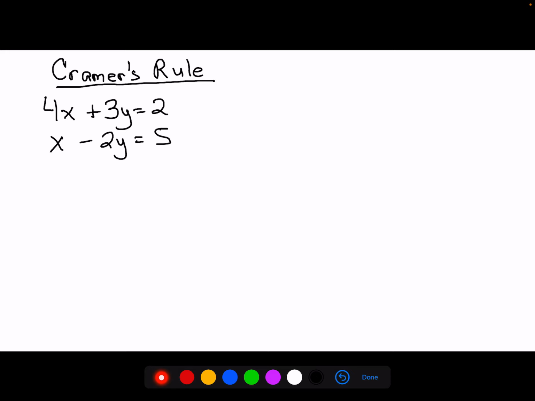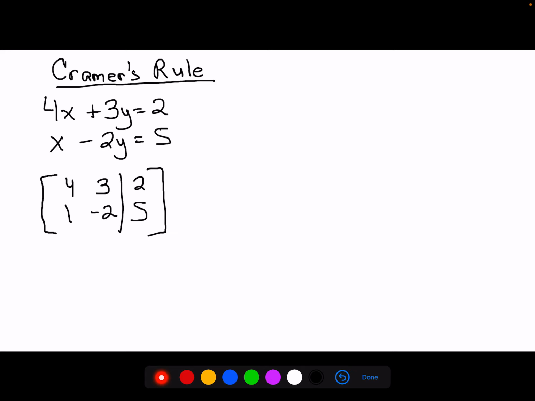But before I do that, let's just think about this for a second and how you might write this using matrices. A couple of videos ago, if you were initially working on this, you would set up an augmented matrix to solve the system.